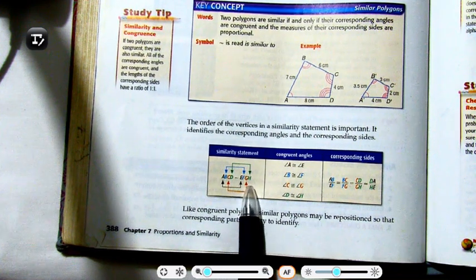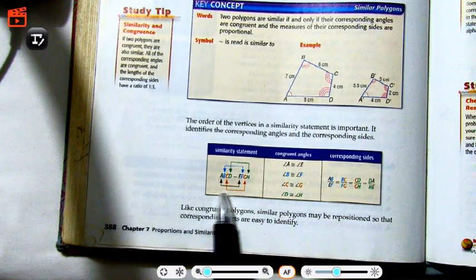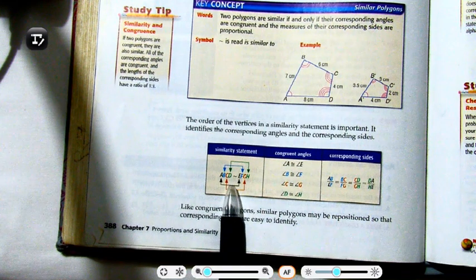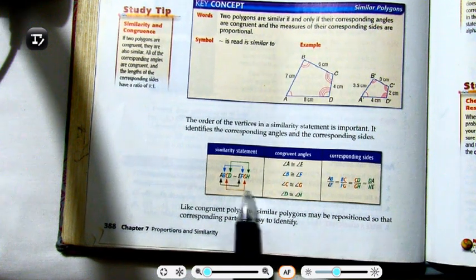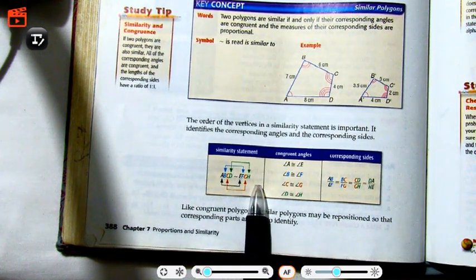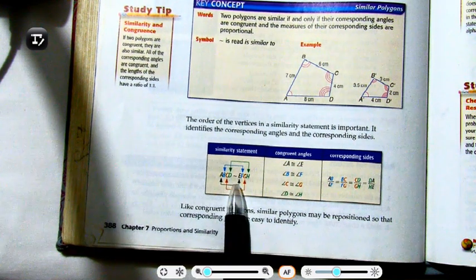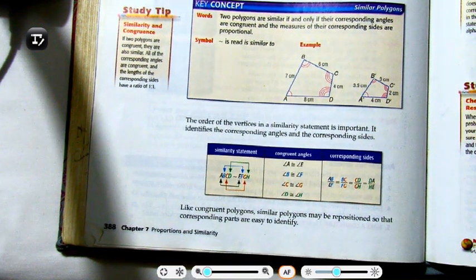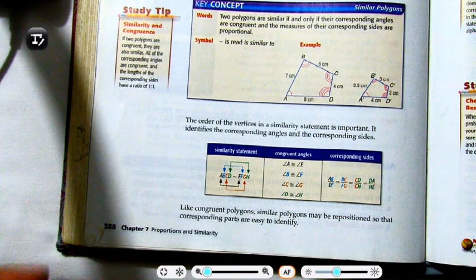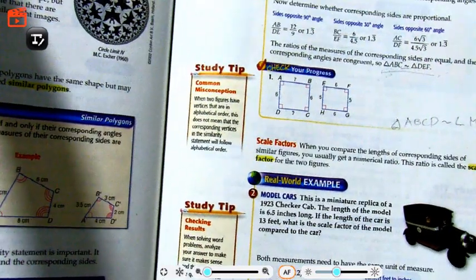That means AB over EF, BC over FG, CD over GH, and AD over EH. They are proportional.